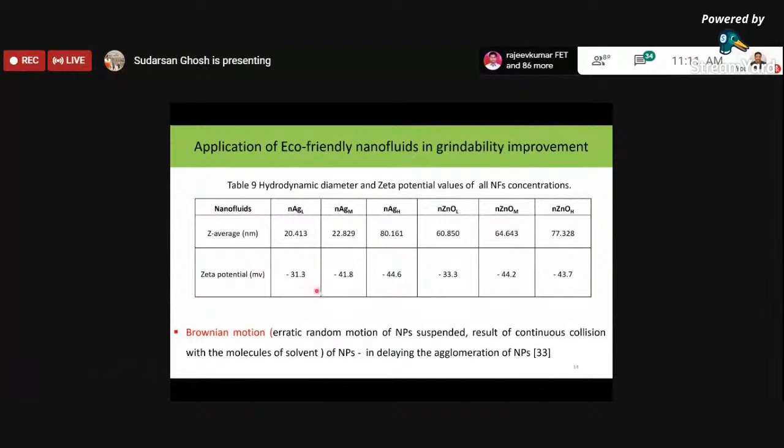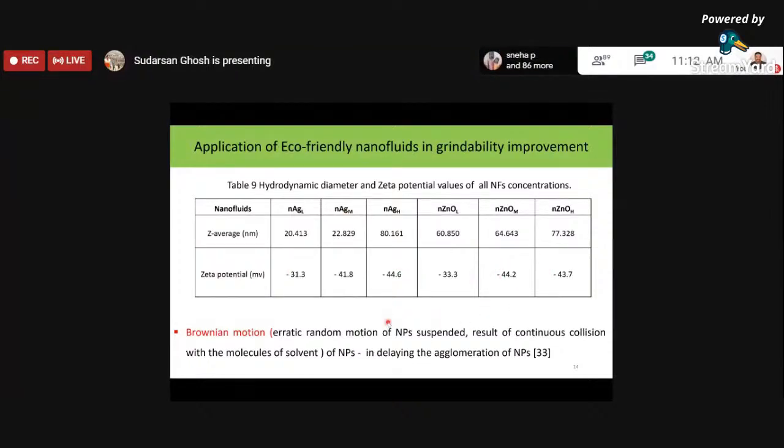Anything beyond minus 30 millivolt is a suitable candidate, and you can tell that the stability of the nanofluid is maintained, and hence it can be used. In all the cases, we have been able to reach more than minus 30 millivolt zeta potential. So obviously, these can be used.